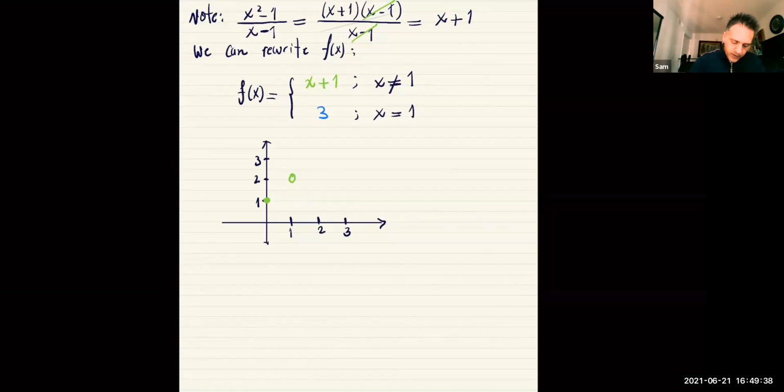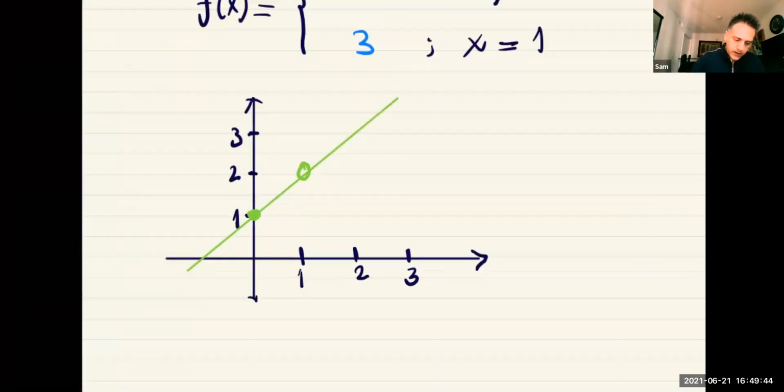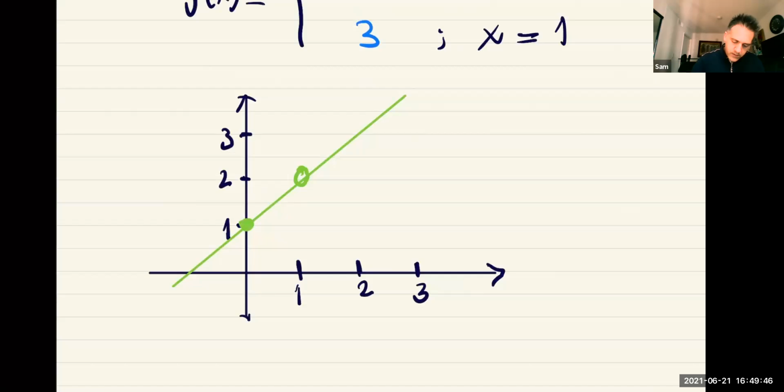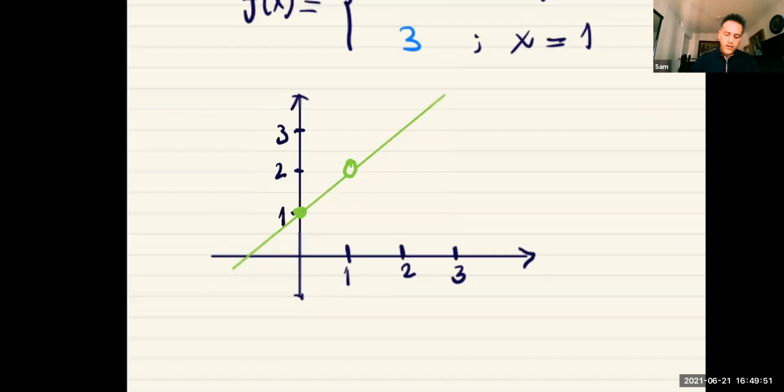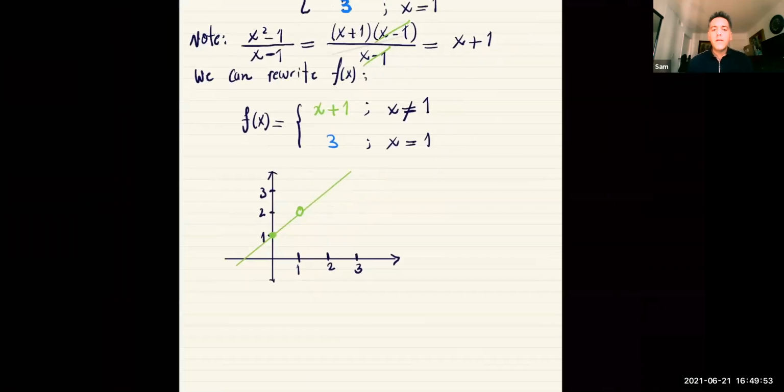Let me exclude that hole. There we go. So this is the green piece of the graph, and it goes forever like that. Now again, when x is 1 itself, the value of y is 3.